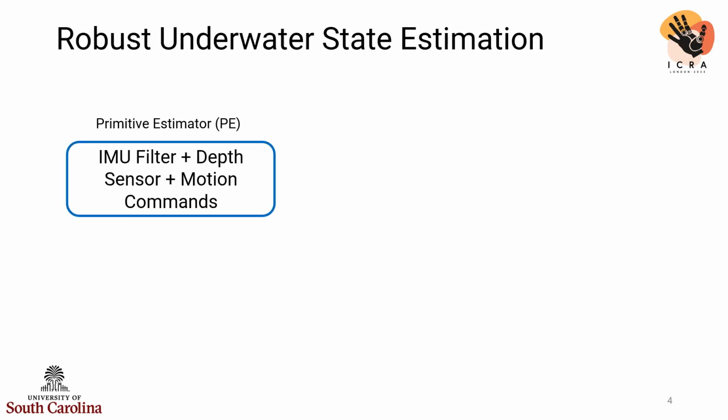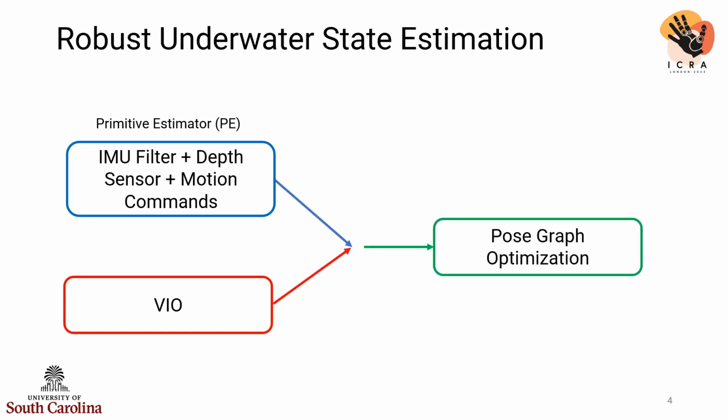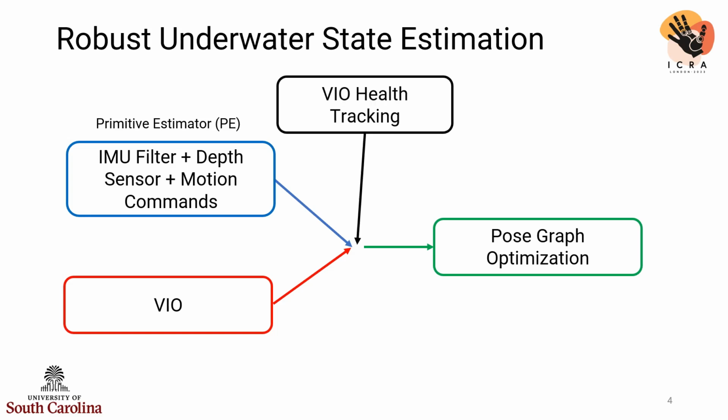We employ a model-based estimator named the primitive estimator by combining an IMU filter, depth sensor, and motion commands. Whenever VIO is working, it is the preferred estimator. The pose estimate from either the primitive estimator or VIO is added to the pose graph based on the health tracking status.